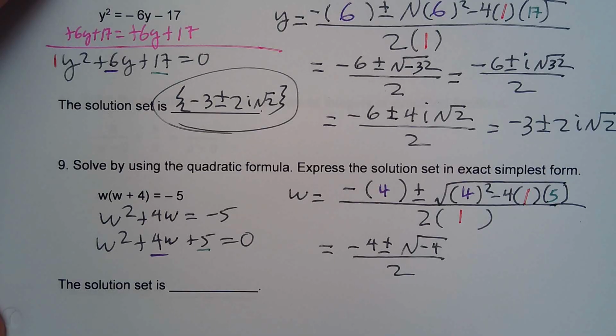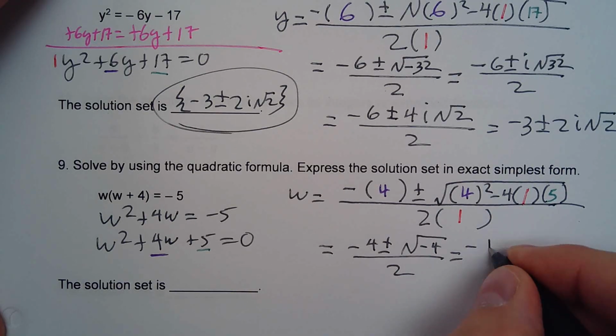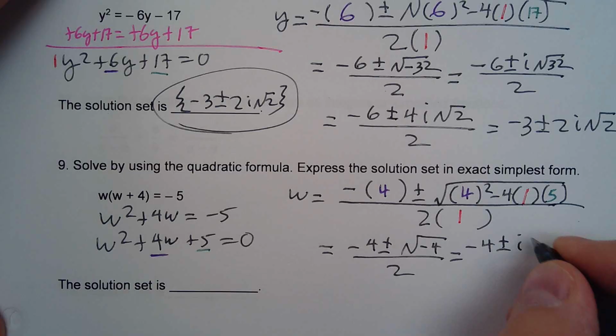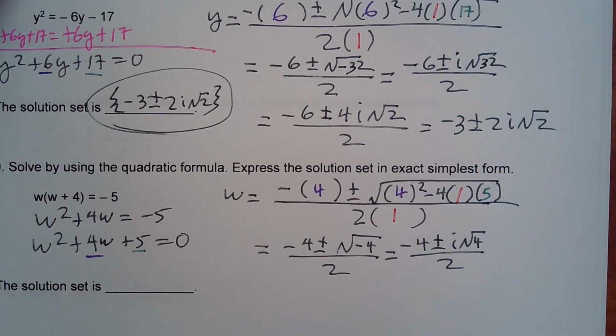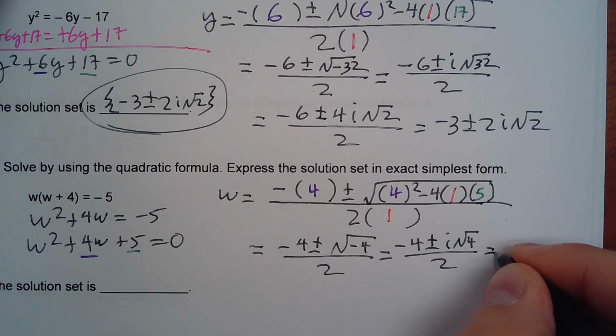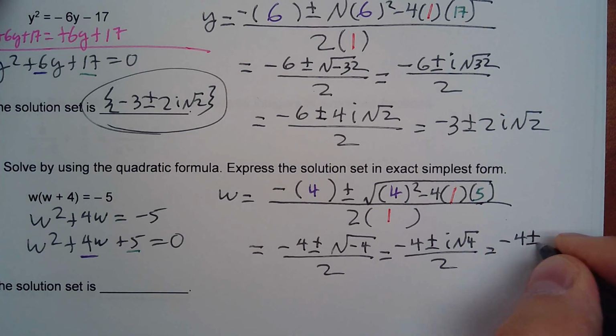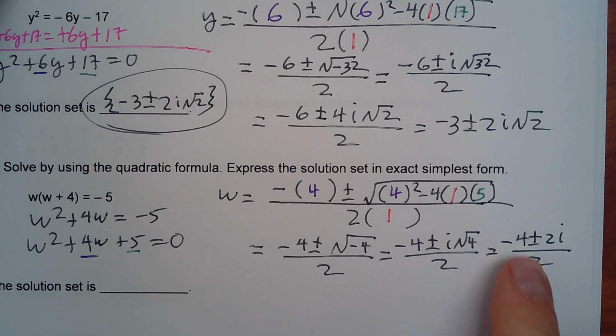But we need to write that in terms of i anytime we have a negative underneath the square root. And then the square root of 4 is 2. And now let's just go through and do that division.